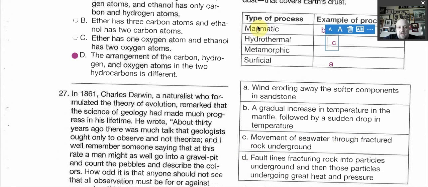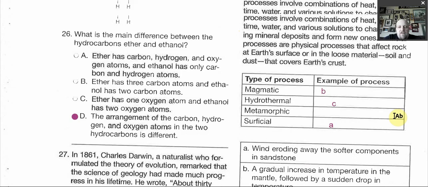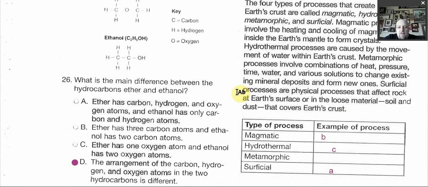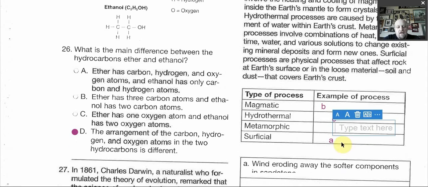So hydro, water. Fault lines fracturing rock into particles underground, and then those particles undergoing great heat and pressure. So metamorphic, we look back up here. Metamorphic processes involve a combination of heat and pressure. So right there is going to be D.